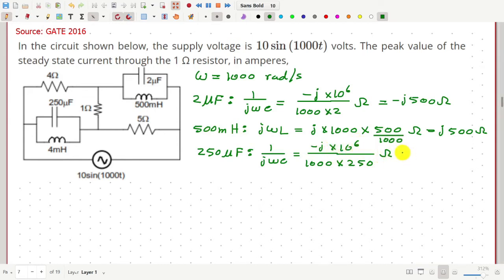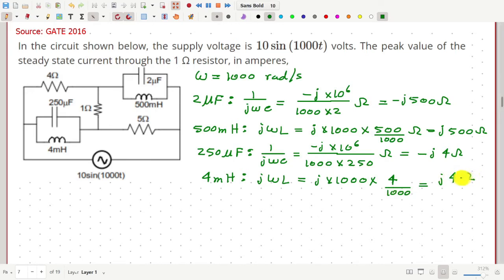This is in ohm, so this is equal to minus j4 ohm. And finally, for this 4 millihenry inductor, the impedance is j omega L, equal to j into 1000 into 4 milli. So this is equal to j4 ohm.